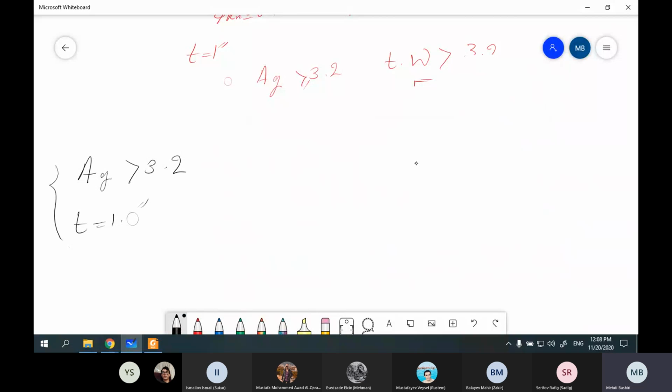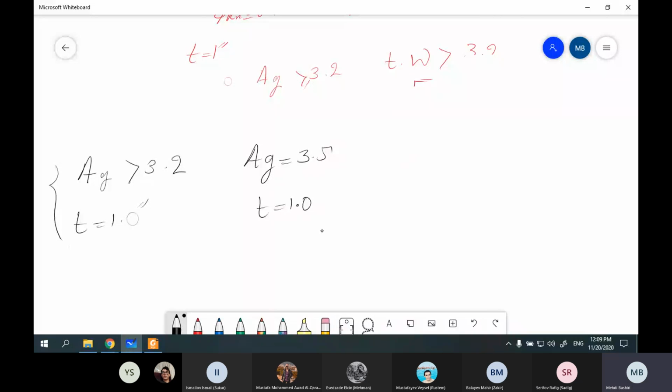So we can pick Ag equal to 3.5. Can we? Yes, because 3.5 is more than 3.2, though it is not equal to 3.2.